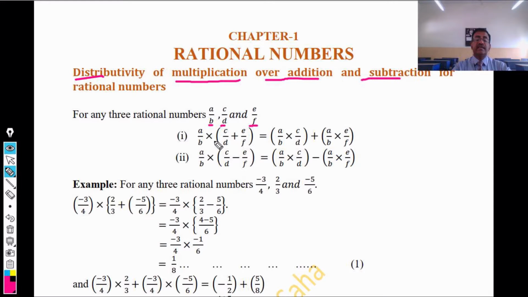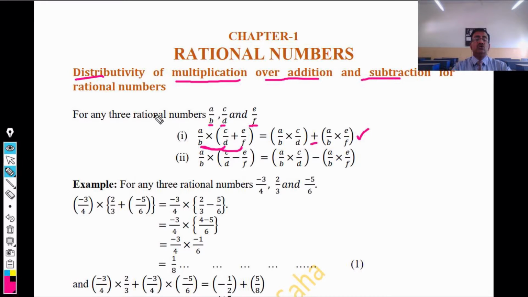That is, a by b into (c by d plus e by f) is equal to a by b into c by d, and then a by b multiplied by e by f. This is for addition, since here is the sign of addition.